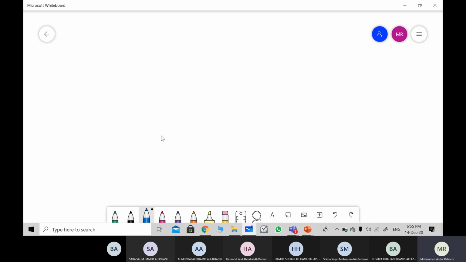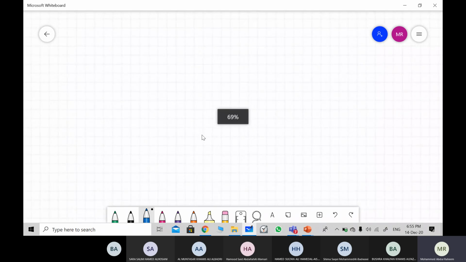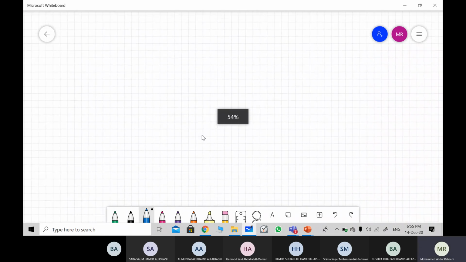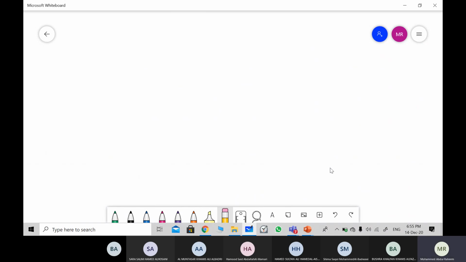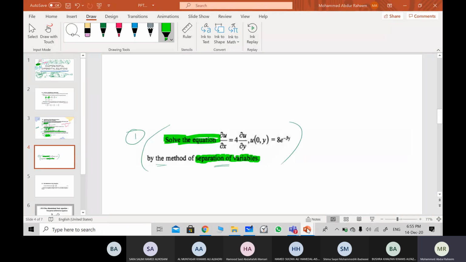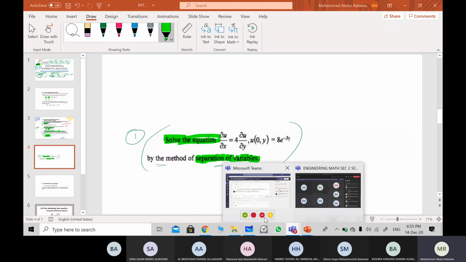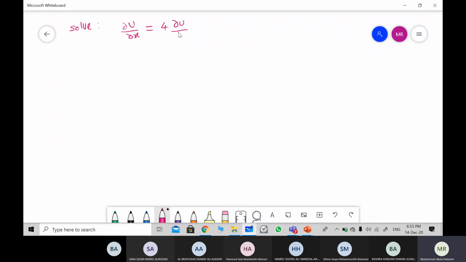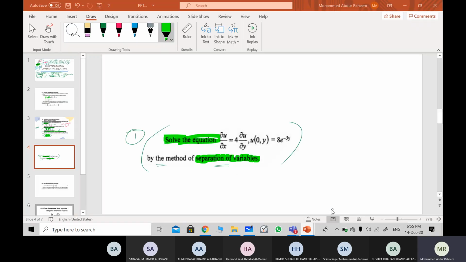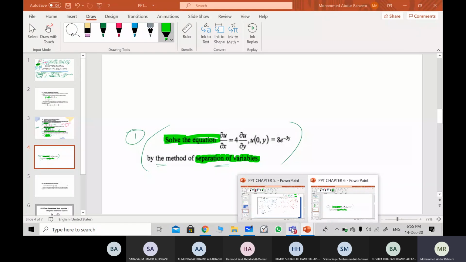Dou u by dou x is equal to 4 dou u by dou y, given u of x, 0 equals e power minus 3y. By the method of separation of variables.